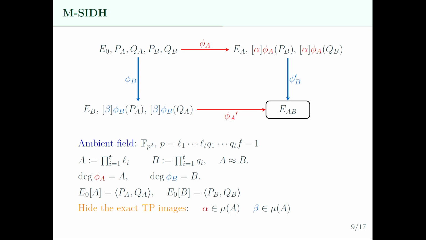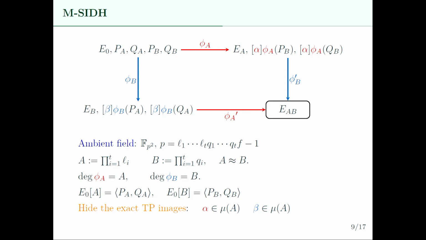But if one can recover the square root of unity, then one can just erase it and have exact torsion point information. So you still need the prime to have a lot of prime divisors, such that the number of square roots of unity is exponential. And that will define the security of your scheme, the number of square roots of unity. And with this, you hope that this should be secure.